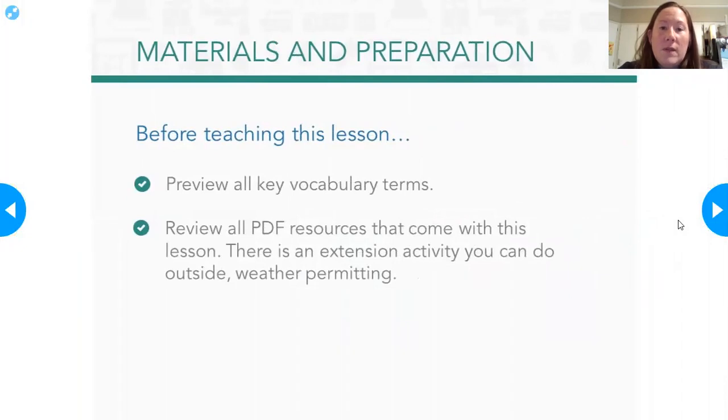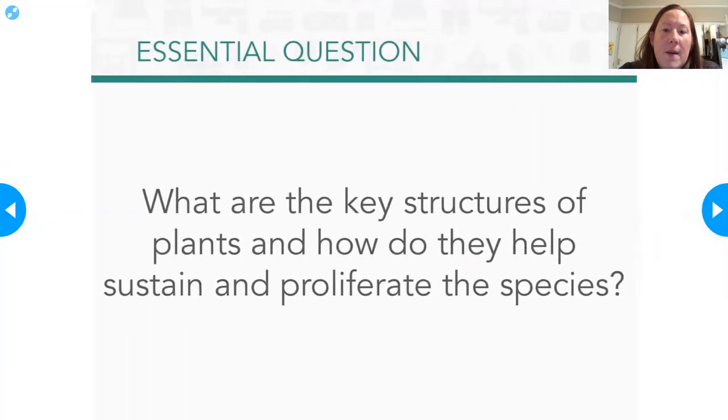So over the course of this week, we are going to be doing the following things: previewing all key vocabulary terms, and we must make sure that we review the PDF resources that come with this lesson, kind of as an extension. I have some fun things coming, especially later in the week, that I hope you really enjoy. But for now, for today, we're going to be looking at our essential question: what are the key structures of plants and how do they help sustain and proliferate the species?